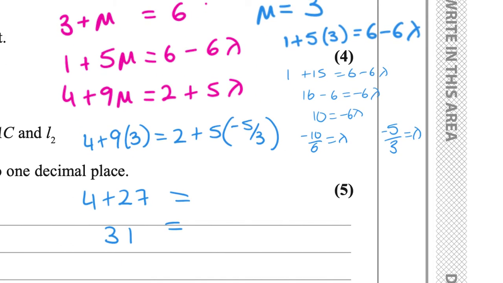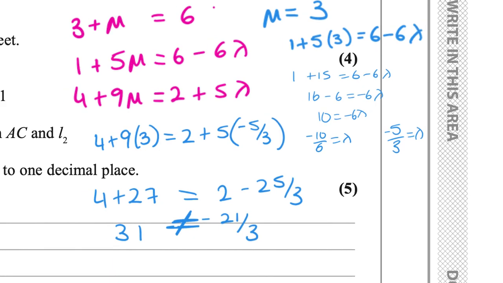What is 2 minus 25 over 3? Minus 21 over 3. These do not, I repeat, do not equal each other. Have you ever seen 31 look like negative 21 over 3? No, neither have I.